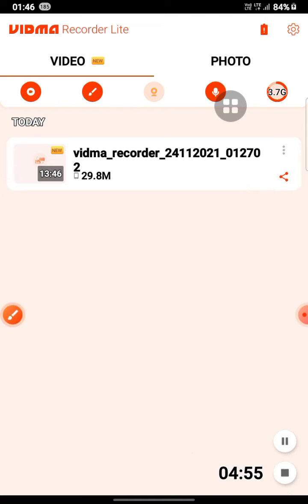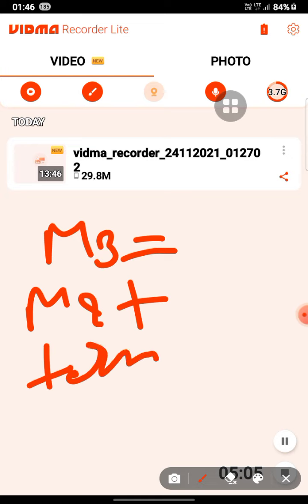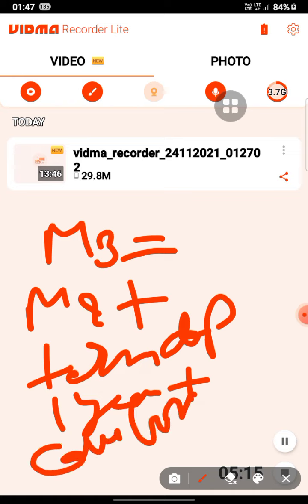Okay, now M3. M3 is M2 plus term deposits with the bank of maturity of more than 1 year, and call borrowings also, very short term borrowings of the banking system.